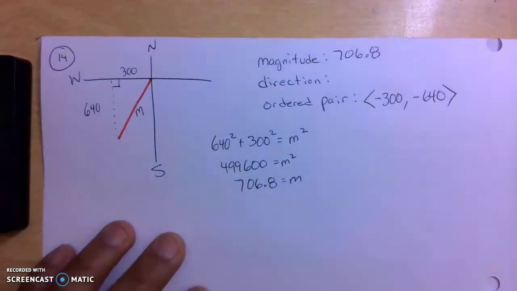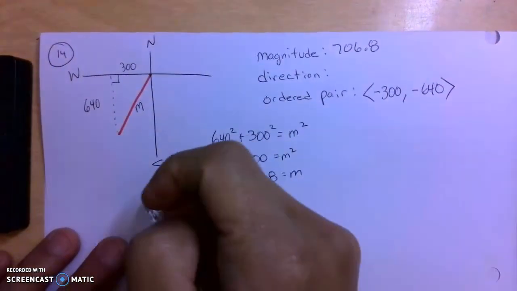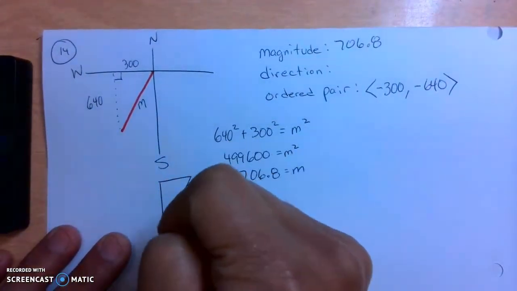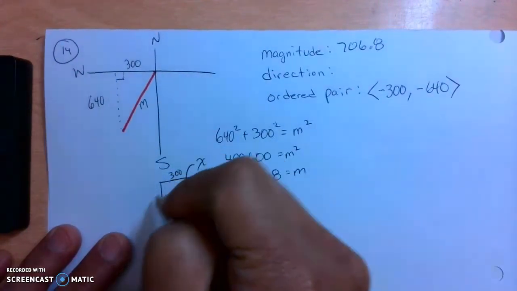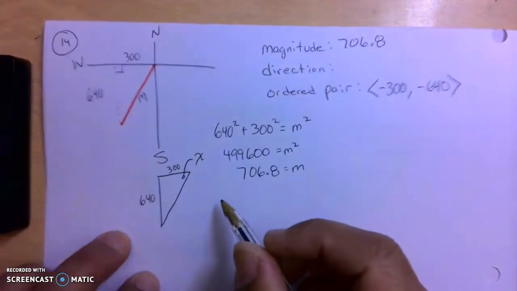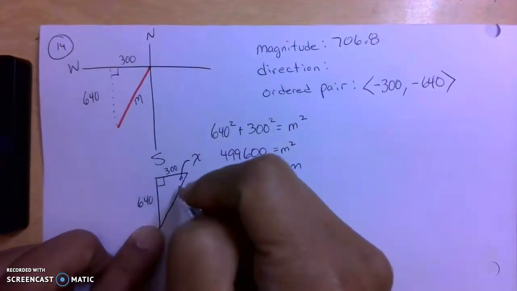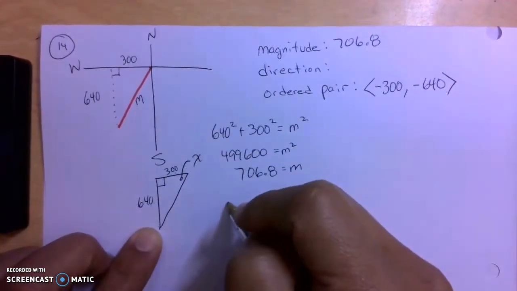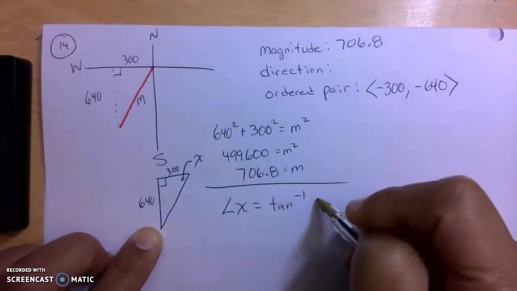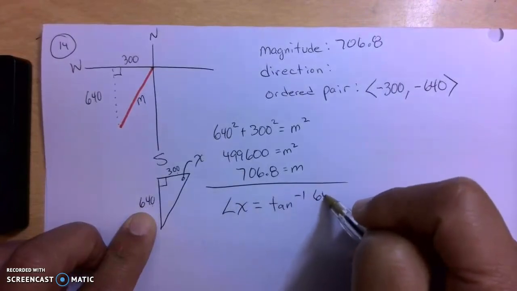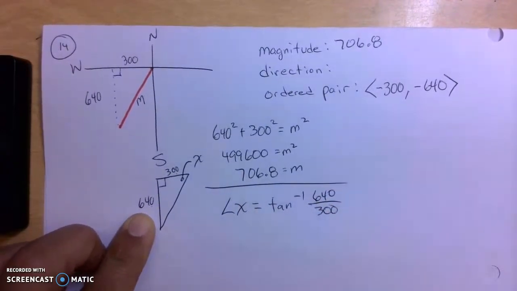Okay? The direction of this red line, you would need this angle here at the corner. I'll call that angle x. This is 300. This is 640. We're going to do inverse tangent here because I've got an opposite and adjacent. So I'm going to say angle x is the inverse tangent of opposite 640 over 300.